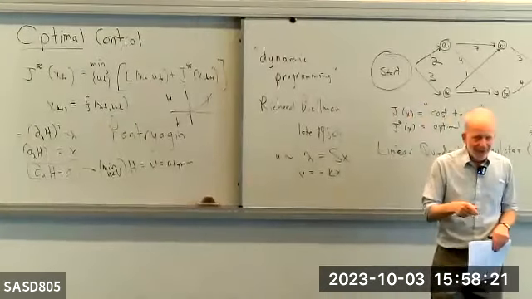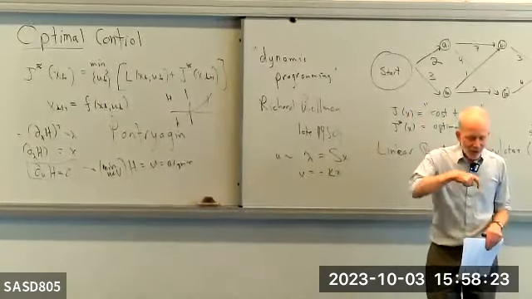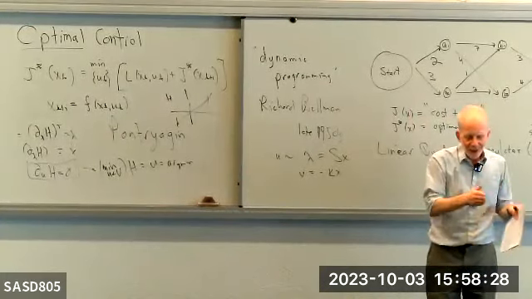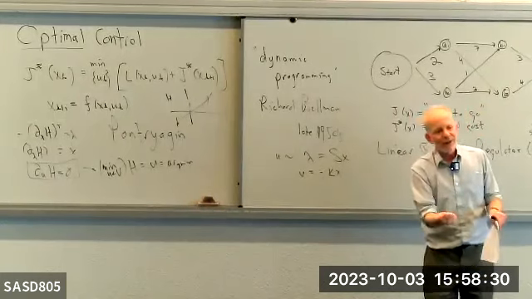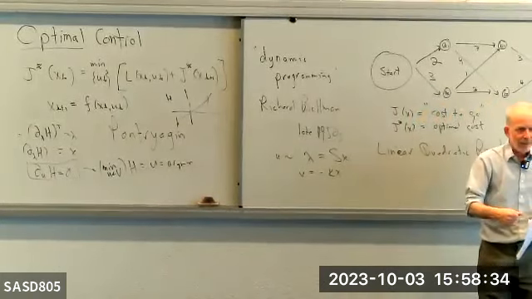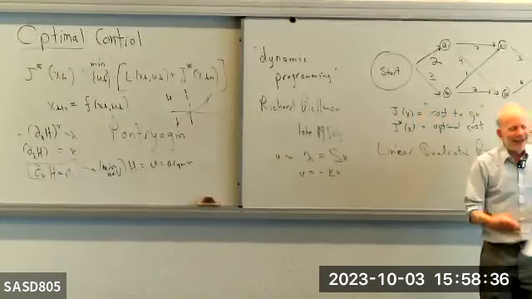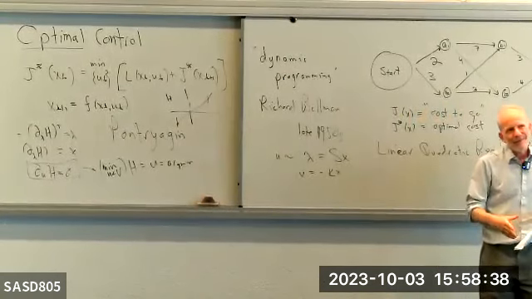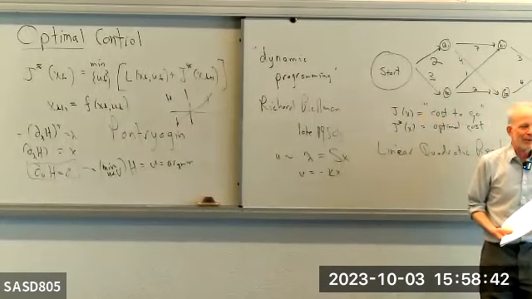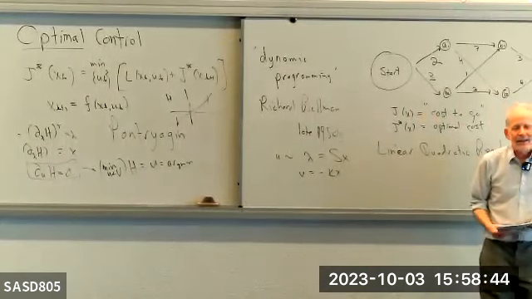Even though your control is only back and forth and steering, the combination of those can make you go in different directions. And that's something you can show with Lie brackets. But again, I think it's fancy ways of doing things that you could probably do in other ways too. Thank you.